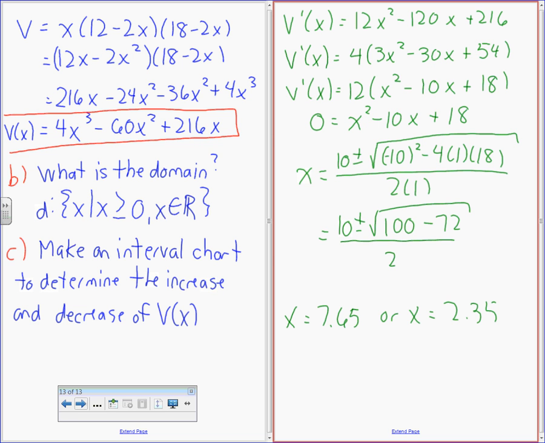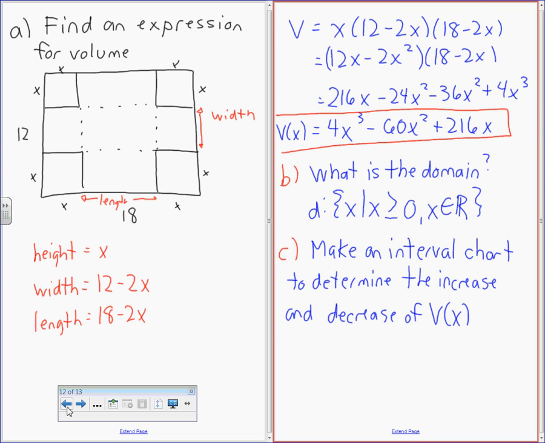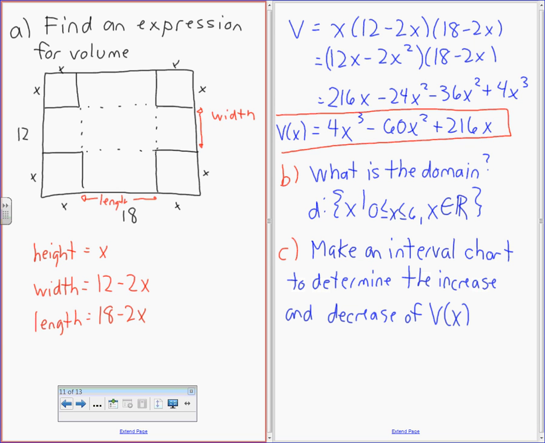Now I should have maybe fixed up the domain. Okay, so my domain's actually wrong. I should actually pay attention when I'm teaching here. X is not just bigger than 0. Let's go back to our diagram here. What's the biggest possible value of x? Good, it has to be between 0 and 6. The reason for that is once you get a value of x to be 6, you have 6 at the bottom, 6 at the top, that makes 12.